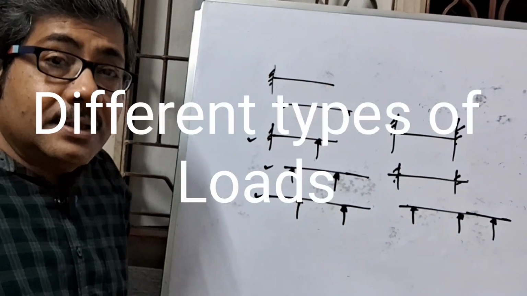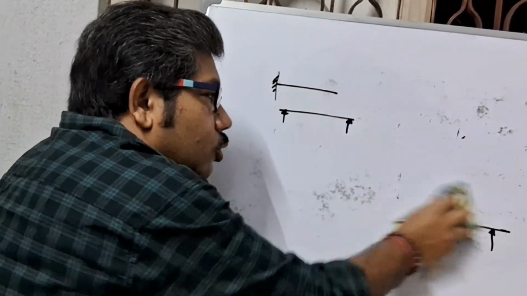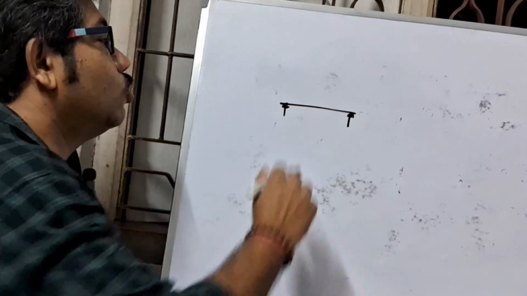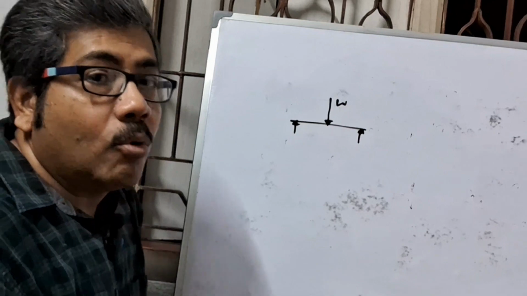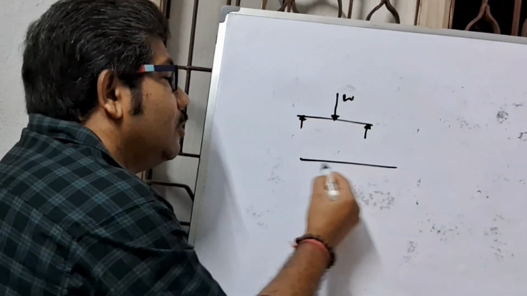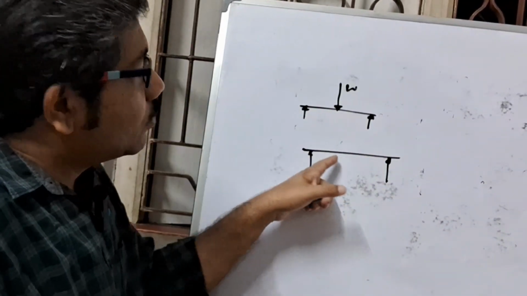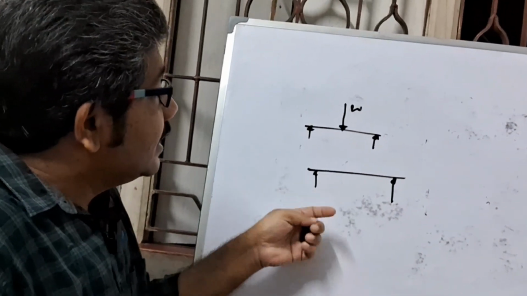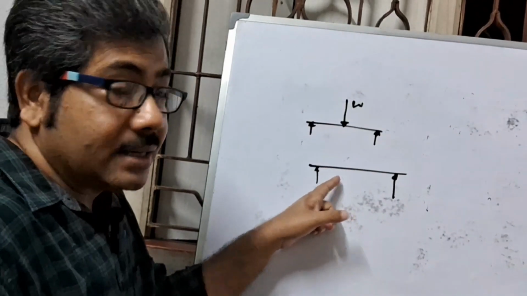Now, what are the different types of load? A load acting at a point is called point or concentrated load. A load which is spread over the beam in such a manner that each unit length is loaded to the same extent.